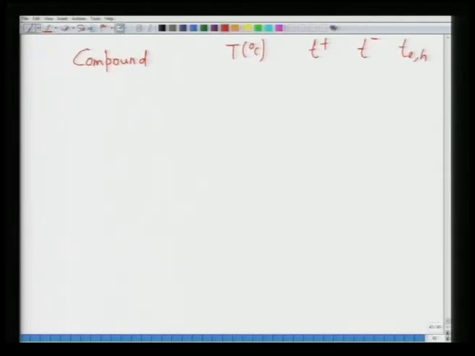Okay. t plus or t minus depends upon the type of ion, positively charged or negatively charged, defect or ion. Okay. So, if you look at, for example, ZrO2 stabilized with 7% calcium oxide, at more than 700 degrees centigrade, this typically gives you an almost purely ionic conductor, and this t minus is because of oxygen ion conduction.